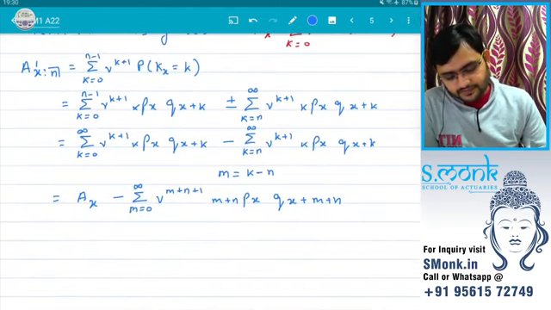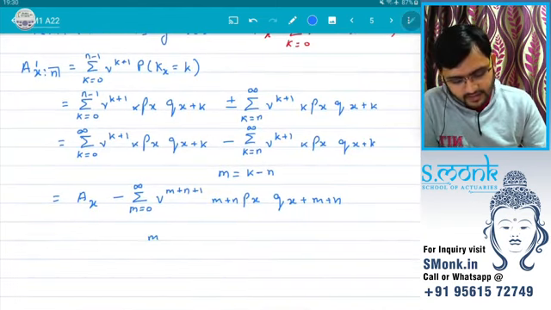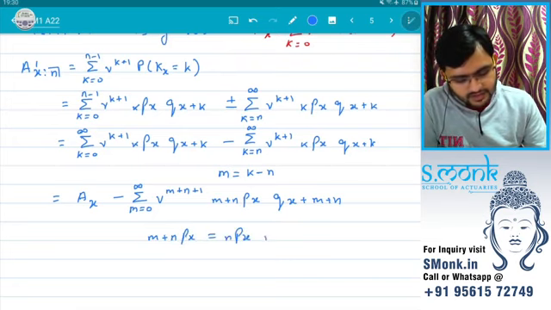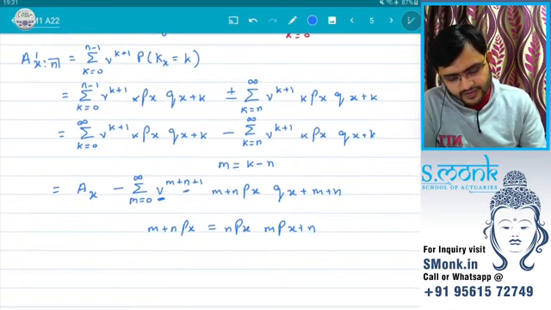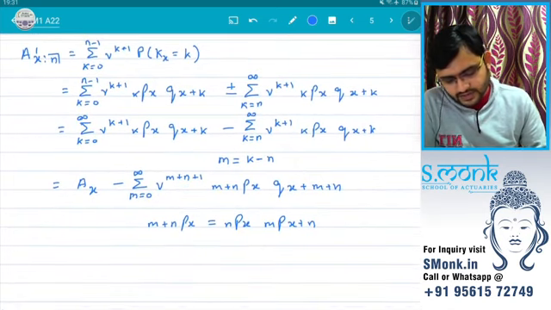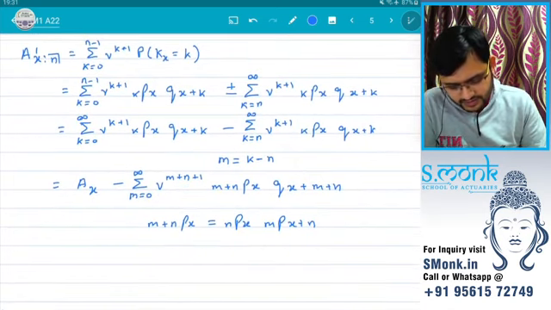Now we know that m plus n px can be written as npx times mp x plus n. And here also v raised to n, I can take it outside. These are constants.